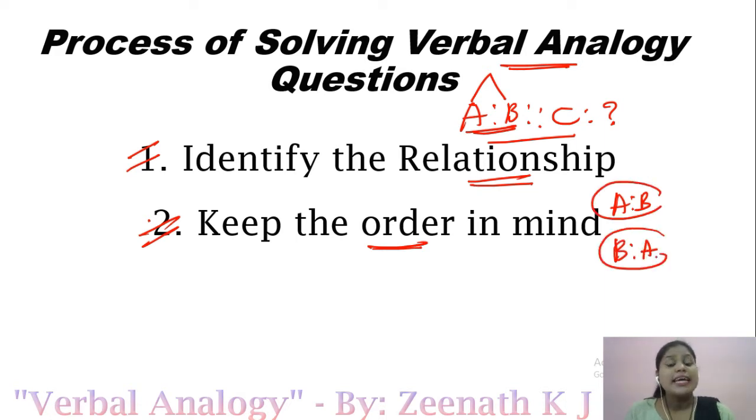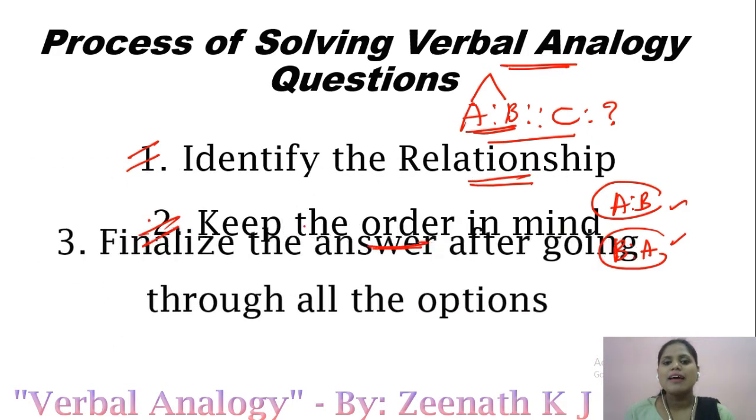Because the order is entirely changed, so the answer based on the order of the words will also change. So once you understand the relationship between two words, you need to make sure that you know the order appropriately, and then get into answering the question. Otherwise, you can end up giving an incorrect answer.